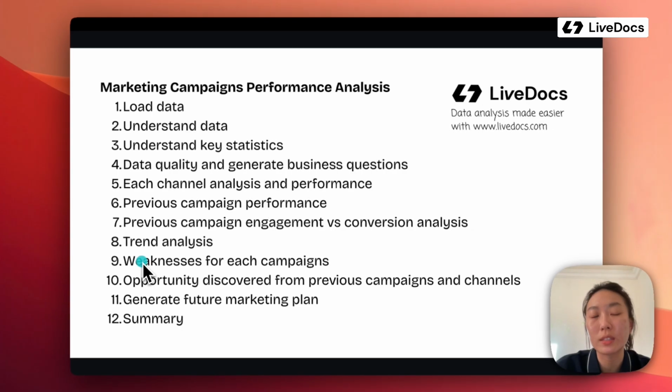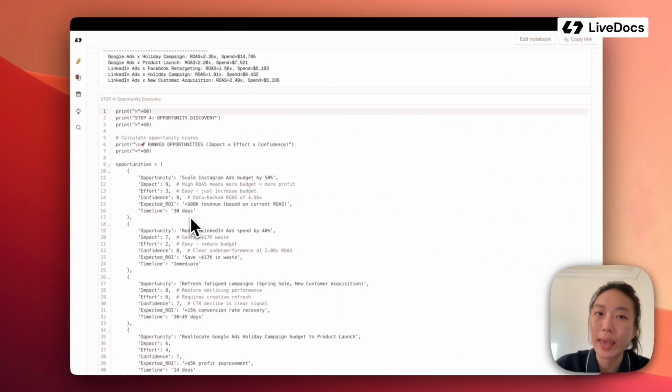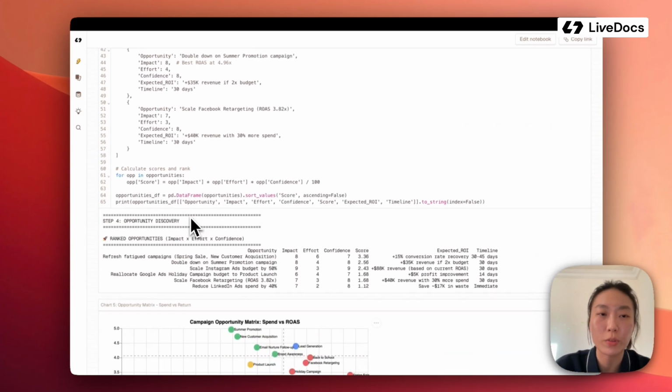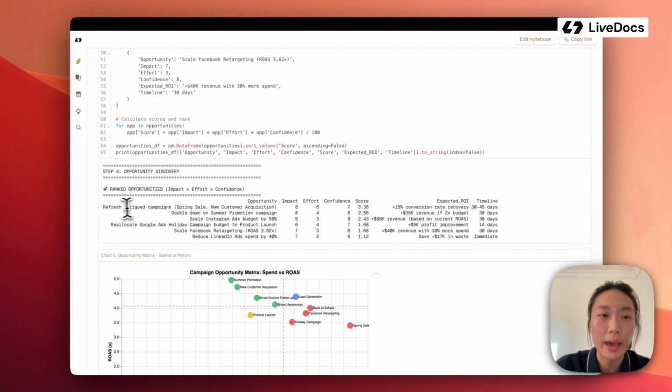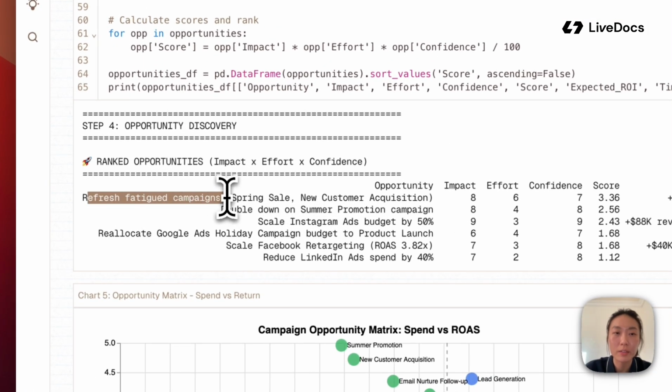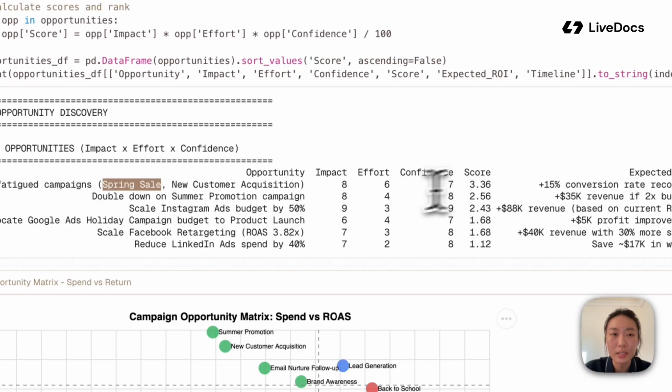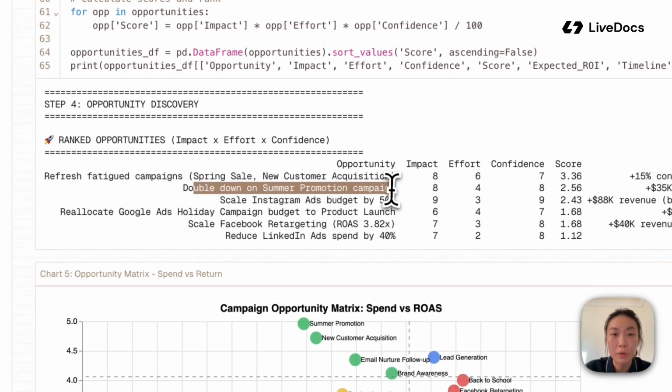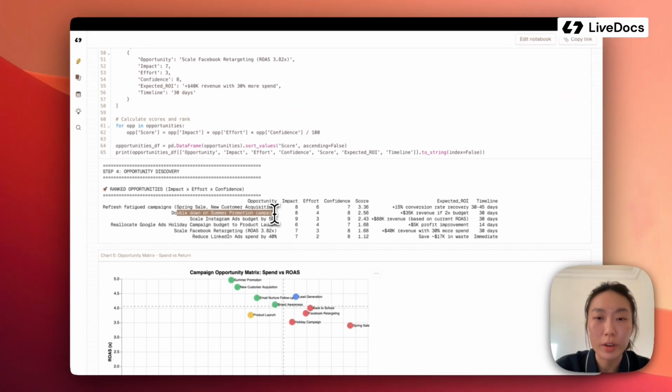After the weaknesses analysis, the previous campaign analysis and the channel analysis, we have discovered some opportunities, and Livedocs suggested a few. For example, we have to refresh fatigued campaigns, for example the spring sale and new customer acquisition campaign, and double down on the summer promotion campaign because we see it has the highest return on investment.